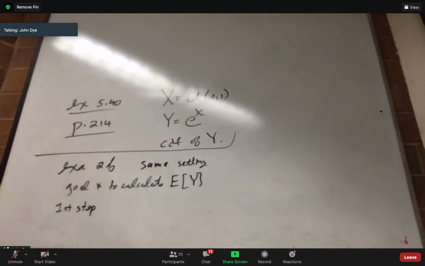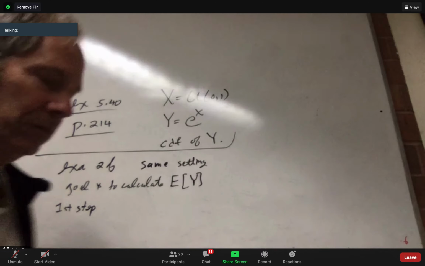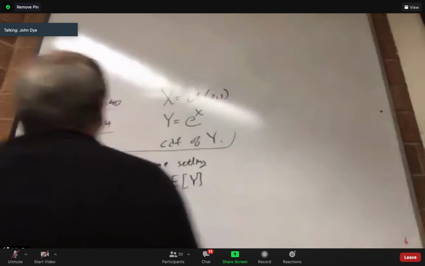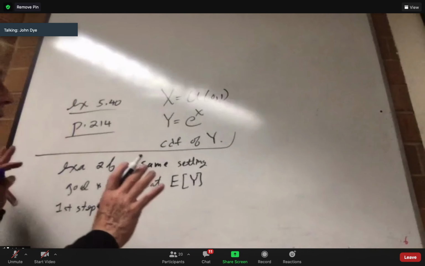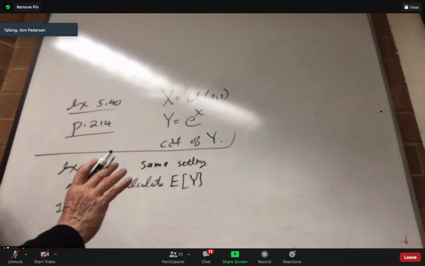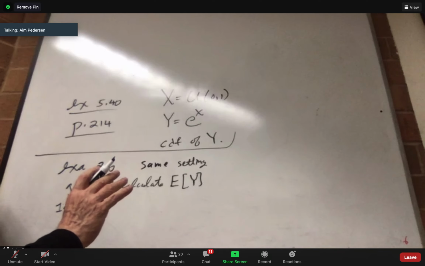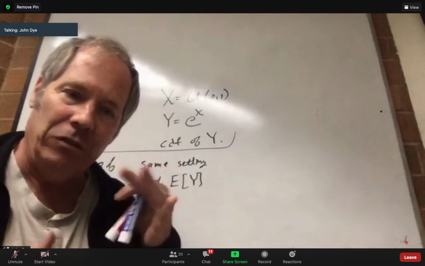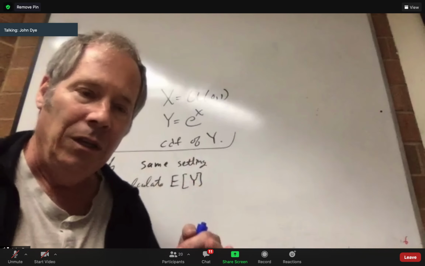But in doing so, their first step is, what do you think? The first step in this example is to do what? Integrate from negative infinity to positive infinity. Actually, not the first move, but there's a sub-goal that they do.